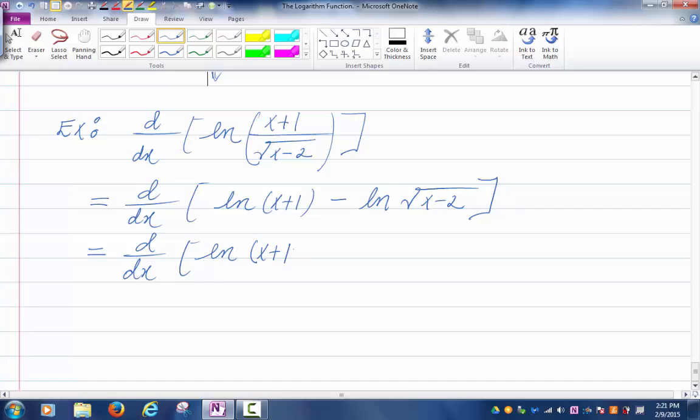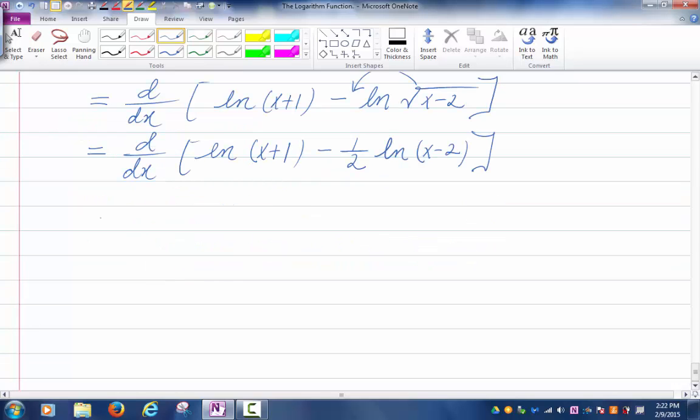It is ln of (x minus 2) to the 1/2. So that exponent half can be brought up at the beginning of ln. So this is going to be half ln of (x minus 2), and this is by log rule number 3. You guys agree with that?